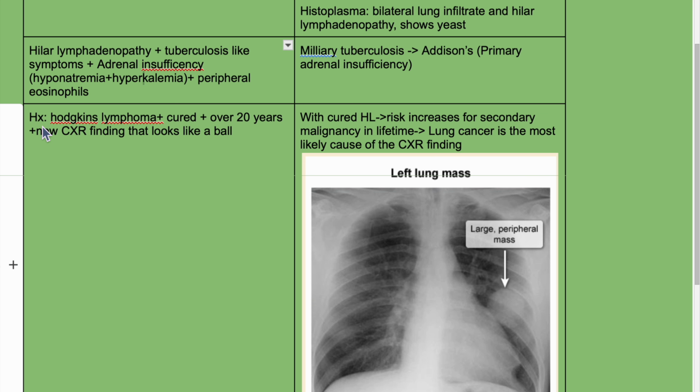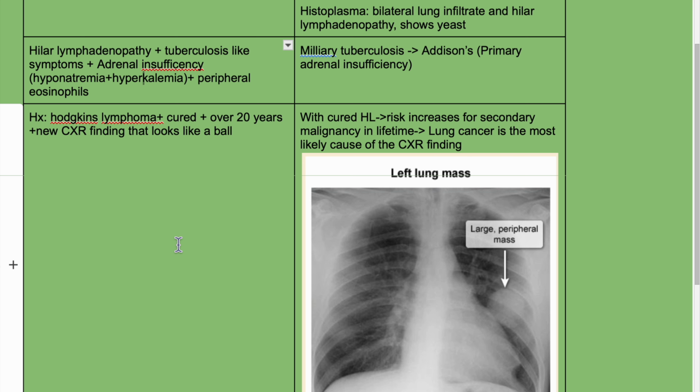Again, history of Hodgkin's lymphoma. They had Hodgkin's lymphoma, and now it's cured, and it's been over 20 years. A new chest X-ray finding that looks like a ball. Remember when we did Hodgkin's in heme?